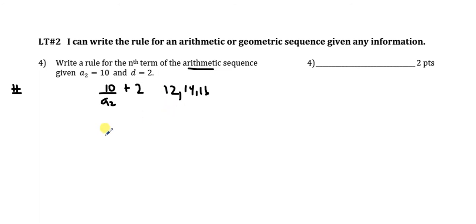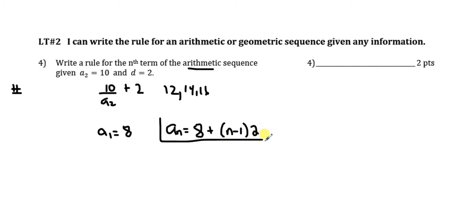So a1 is going to be equal to 8, and you have d. So the formula is a sub n equals a1, formula number 1, which is 8 plus n minus 1 times d, which is 2. And if you leave your answer just like this, it's a fine answer.